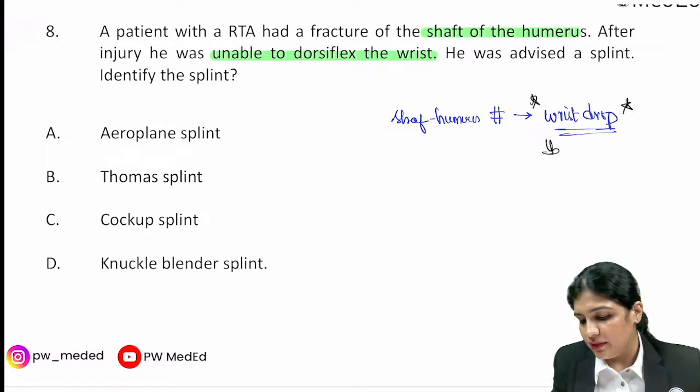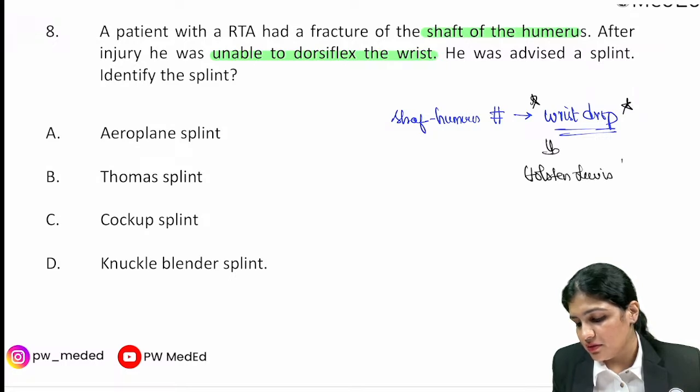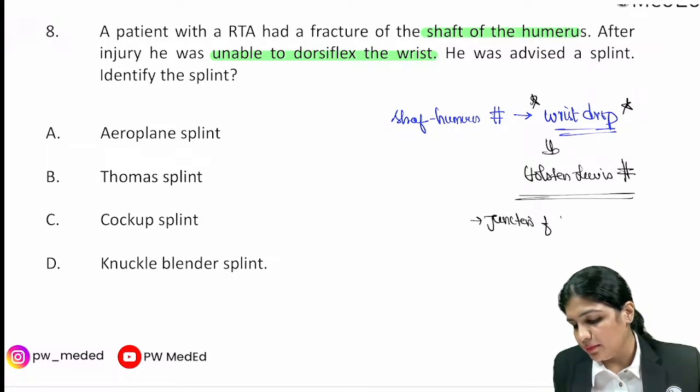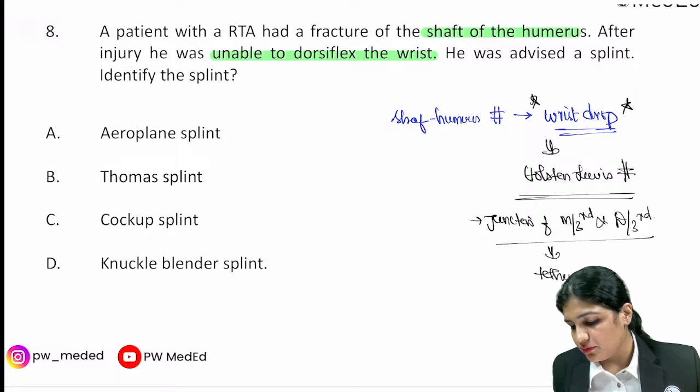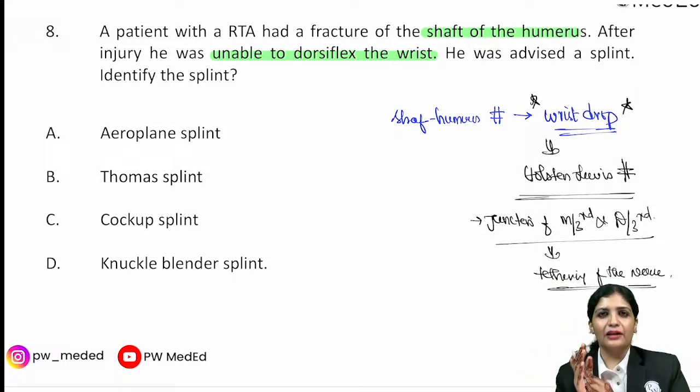And this is called the Holstein-Lewis fracture. Here this is exactly at the junction of the middle third and the distal third, right? Because of the tethering of the nerve, that is, the nerve is attached to the bone and it cannot move, whenever there is a fracture, it gets crushed between the fracture fragments.